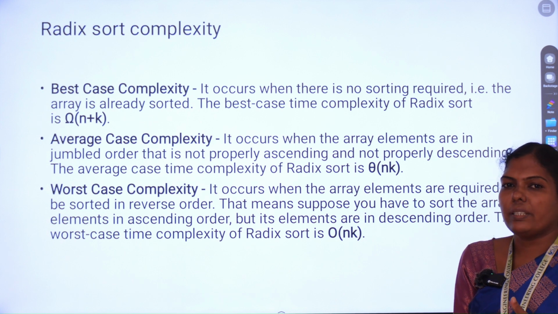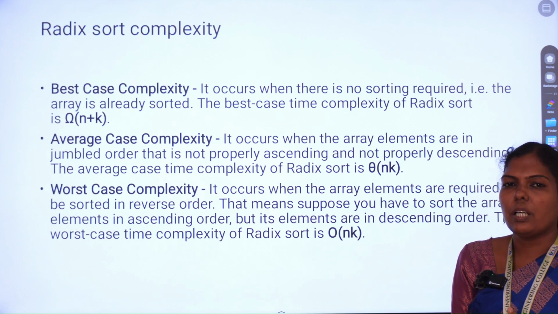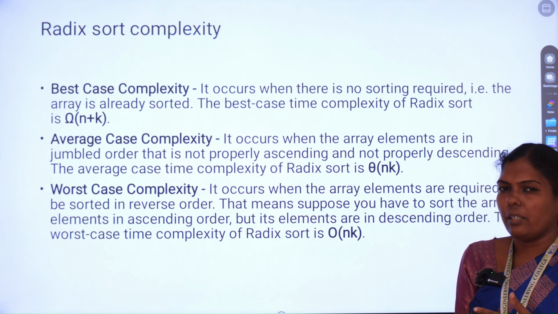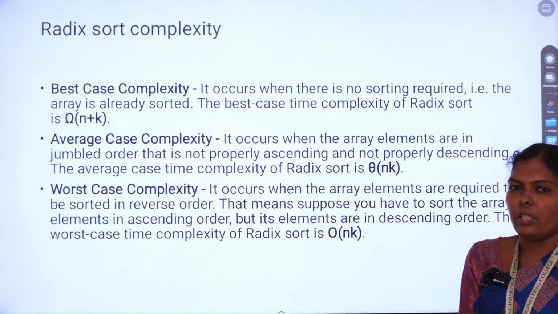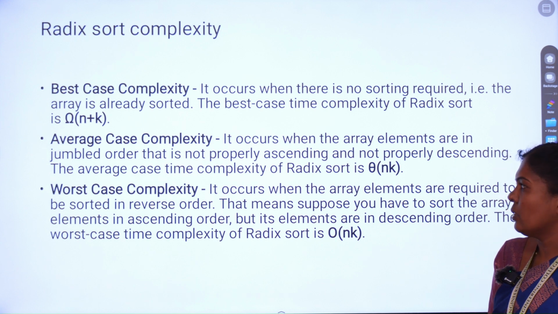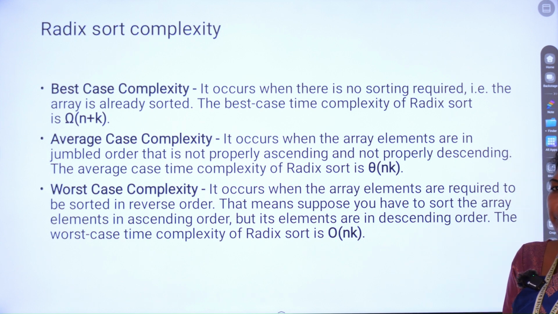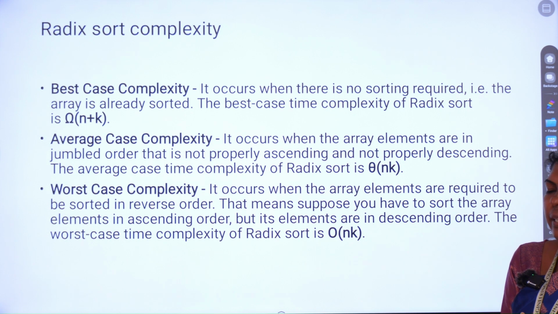Then average case complexity. Average case complexity means the elements are not in ascending order or descending order. So we have to sort the elements. Here the time complexity is theta of nk.